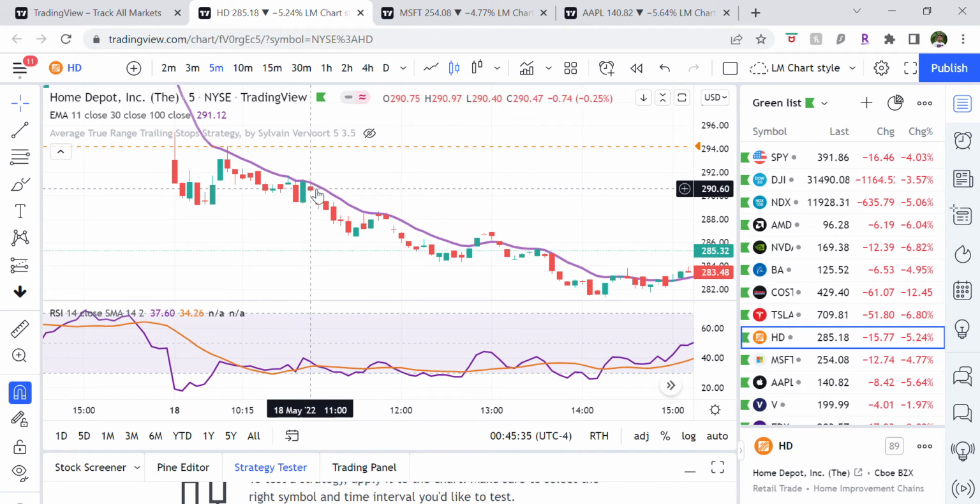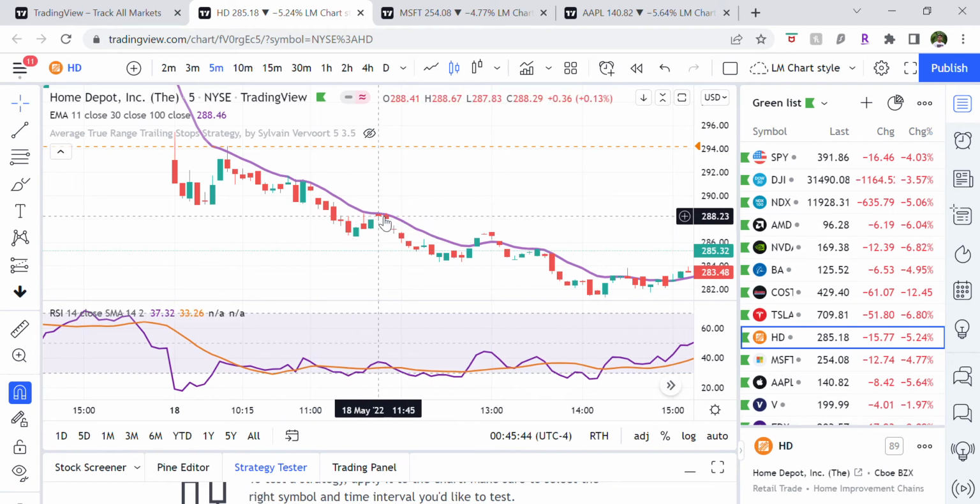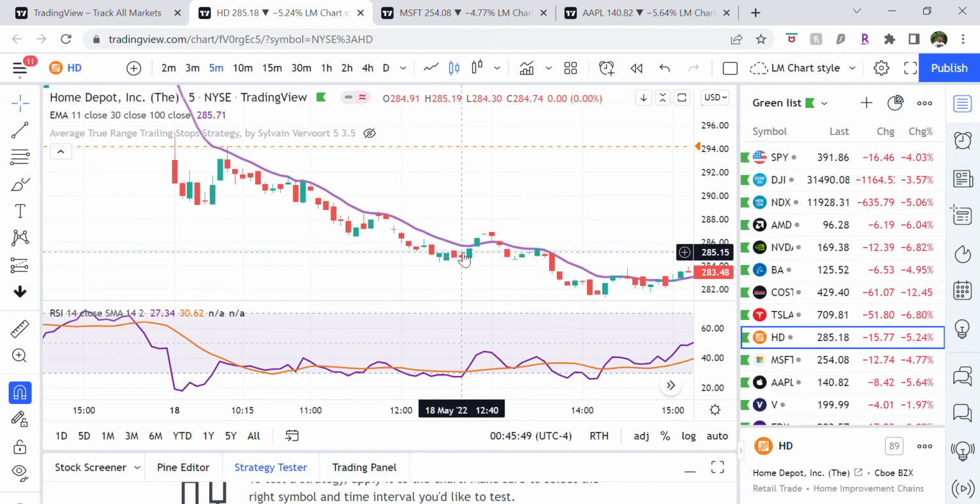Again it went up with a little push and touched this line, again it kept going down. Went here, again it touched, went a little bit higher but could not sustain.